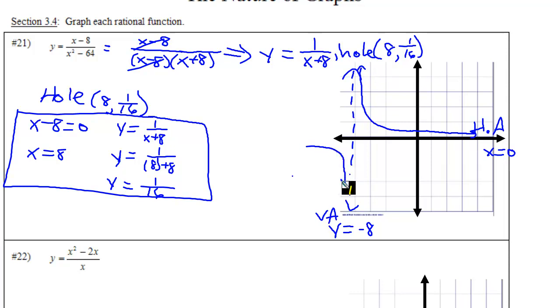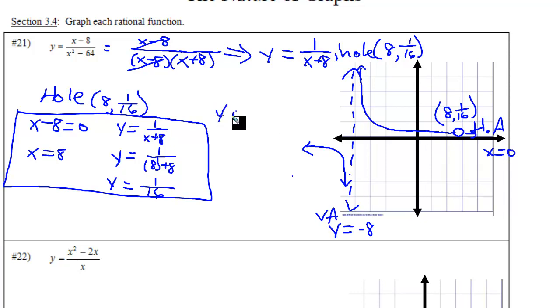There are two things left to do. One is where this hole is, (8, 1/16). Mark on my curve: hole, (8, 1/16). The other thing is to find the y-intercept.